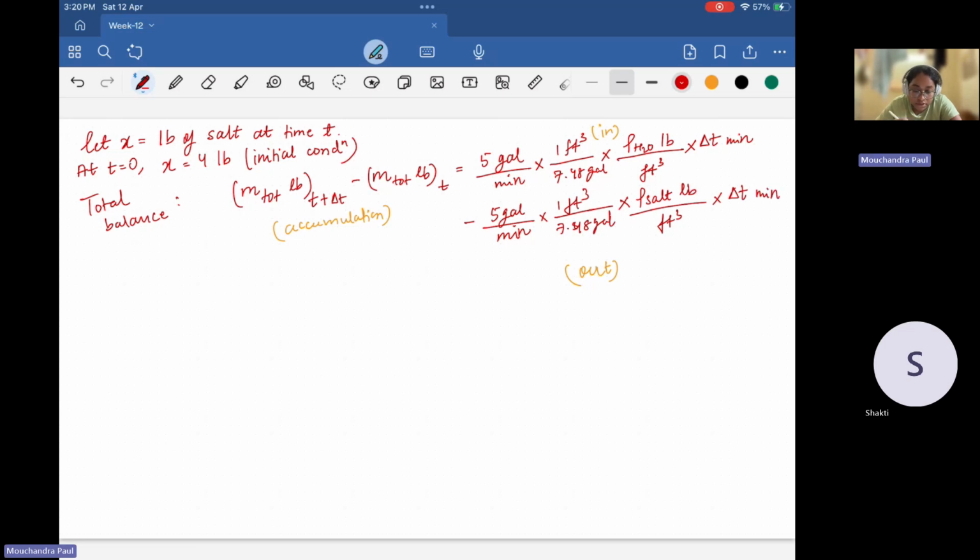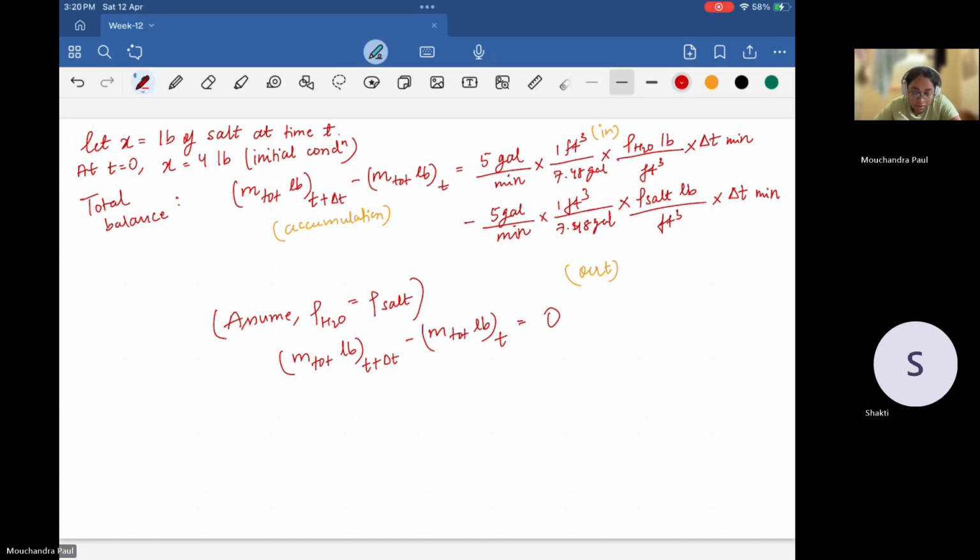Now, since the question asks you to assume your density of water is the same as the density of salt, that means your net change in total mass during the time interval delta t becomes 0.